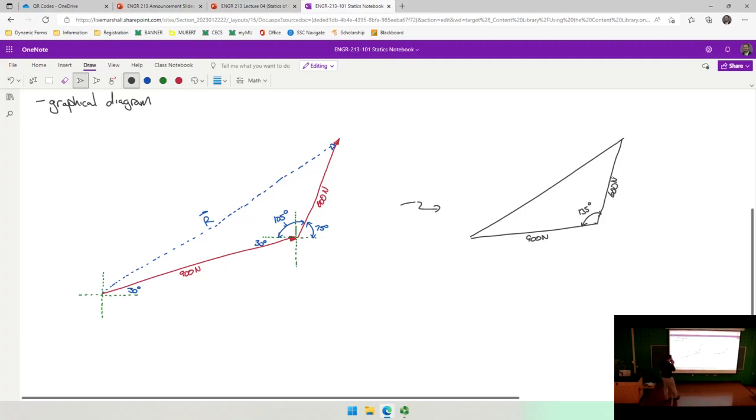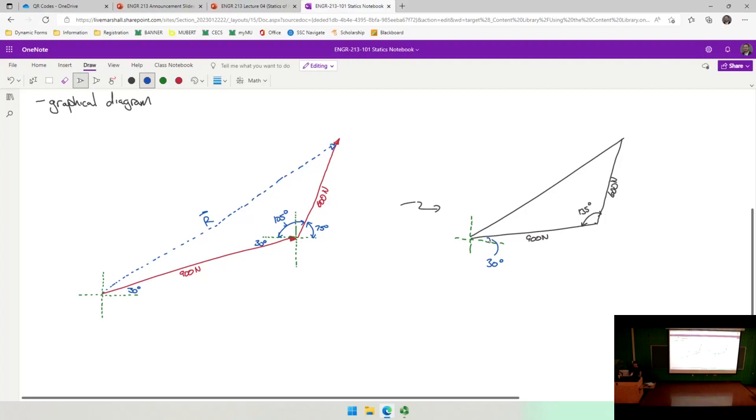Now, so that we're clear, and I know that my artwork is probably horrible here, but let's make sure that we're clear on a couple things. Again, this angle is 30 degrees, right? Okay.